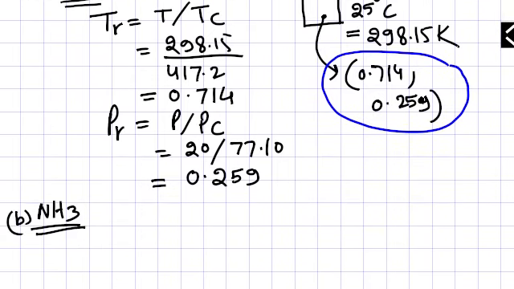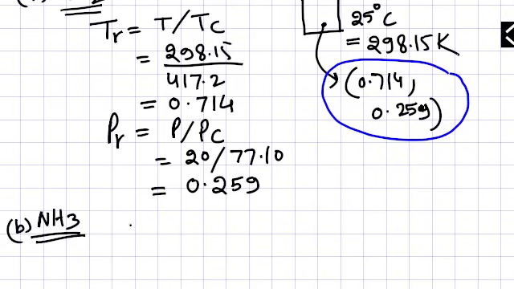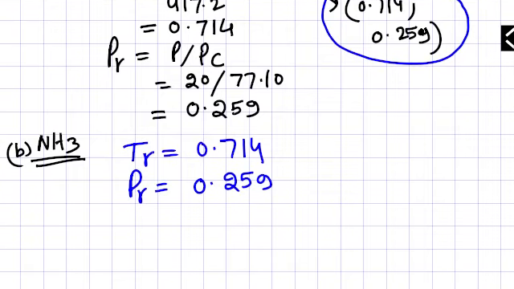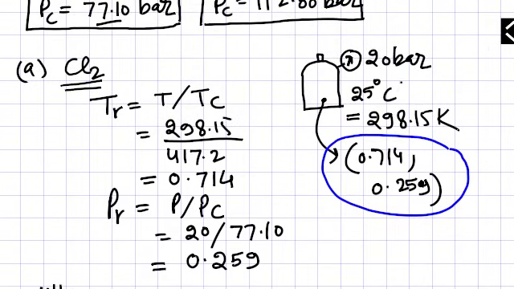What I want to say is that we want the reduced temperature of ammonia gas at 0.714 and the reduced pressure at the same value as for chlorine. It will not be at the same temperature.